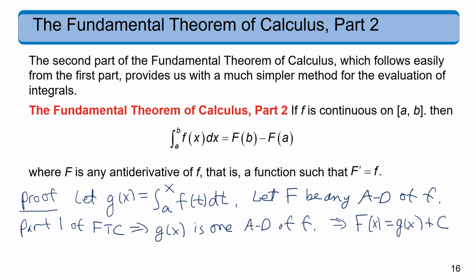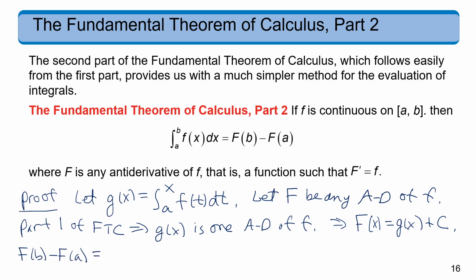Okay, so now that we've established this much, I want to look at this expression here. We're going to start with that and then simplify it to show that it actually equals this integral. So I'm going to start with capital F of b minus capital F of a.